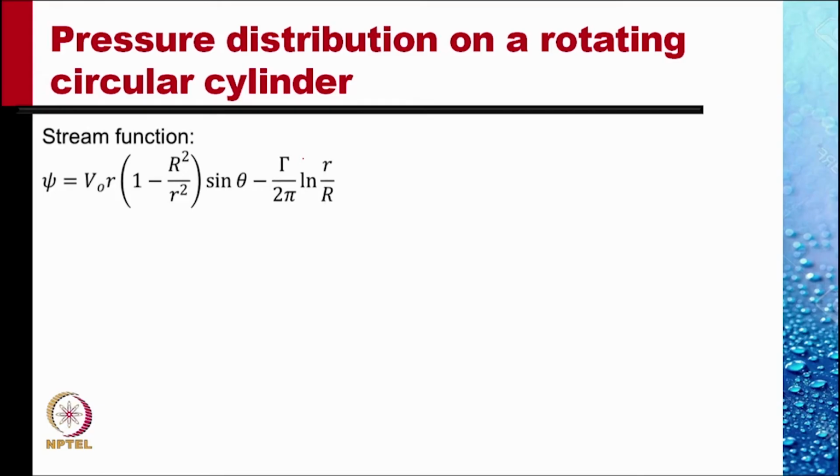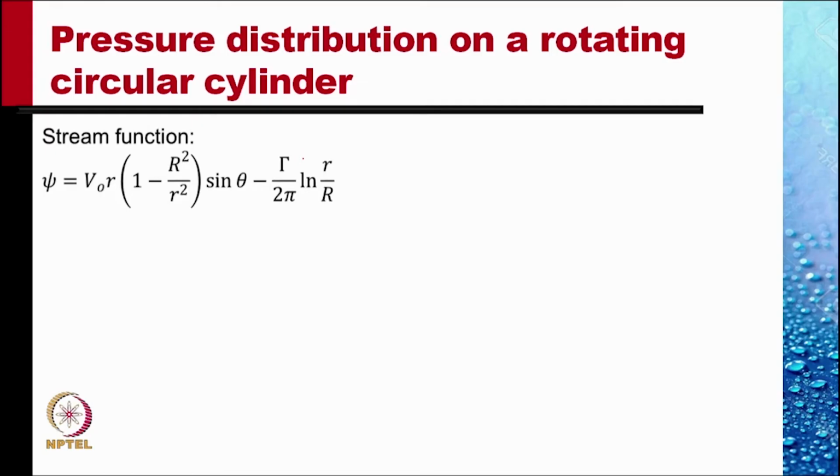Psi is equal to V naught R into 1 plus capital R square divided by R square into sine theta minus gamma by twice pi ln R by R, where gamma for a circular cylinder is equal to the rotational velocity of the circular cylinder times 2 pi r times r, where r is the radius of the cylinder.